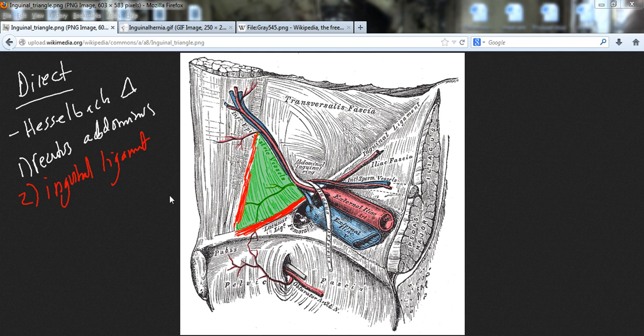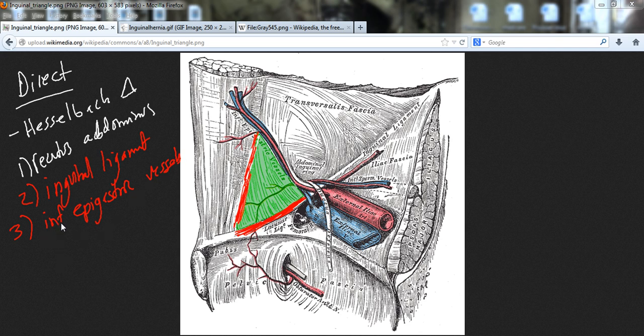So next, we've got a third border. So the rectus abdominis is going to be our medial border, inguinal is going to be our more inferior border, while our last border is going to be our inferior epigastric vessels.